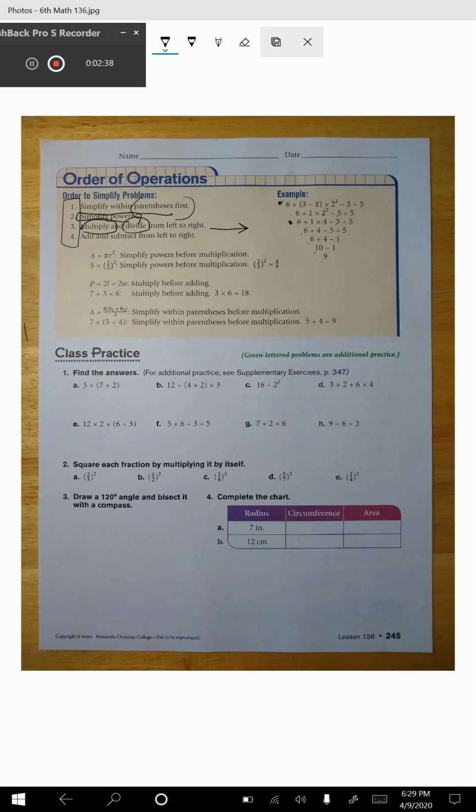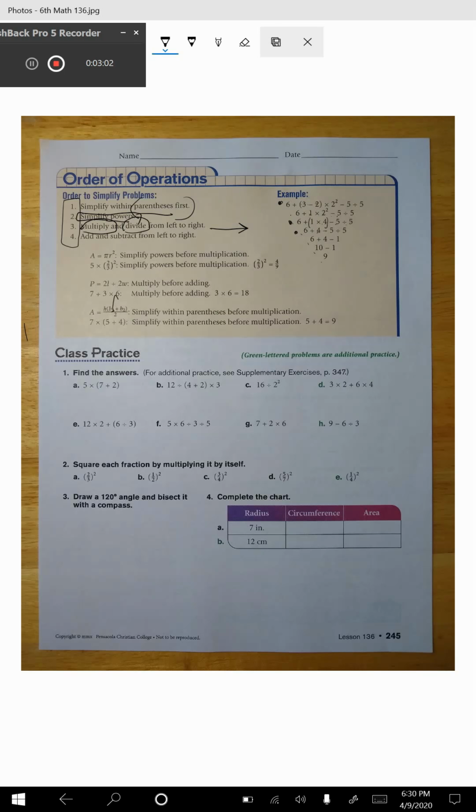Okay. So what I'm going to do is actually I'm right here. That's why I'm getting confused. I'm not going to do 6 plus 1. I'm just going to bring the 6 down. I'm actually going to do the 1 times the 4 next, and that becomes 4. And then I bring down the minus 5 divided by 5.